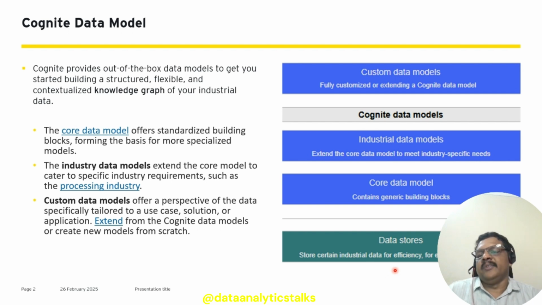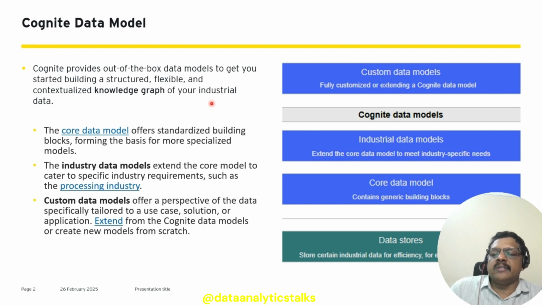For example, we have sensor information, asset information, lab information, inspection information, and work order information. All this data is stored in the data model, and Cognite brings an out of the box data model where you can simply start building a structured, flexible, and contextualized knowledge graph for your industrial data.